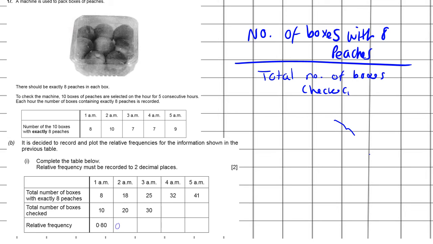That gives us 0.9. 25 divided by 30 gives us 0.83. So you want it to 2 decimal places. Okay, 4 a.m. So 10, 20, 30, 40, 50. So 32 divided by 40 gives us 0.8, and 41 divided by 50 gives us 0.82.